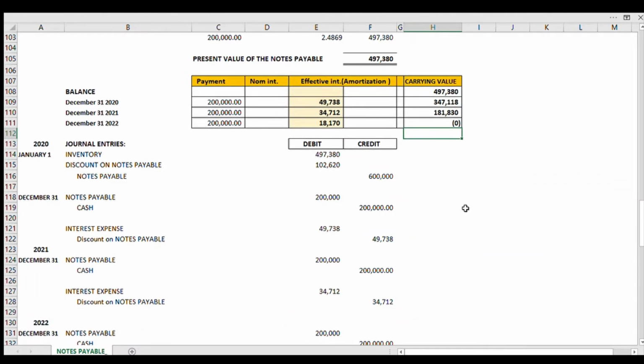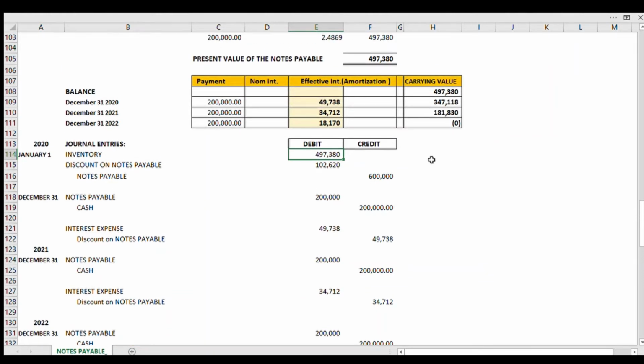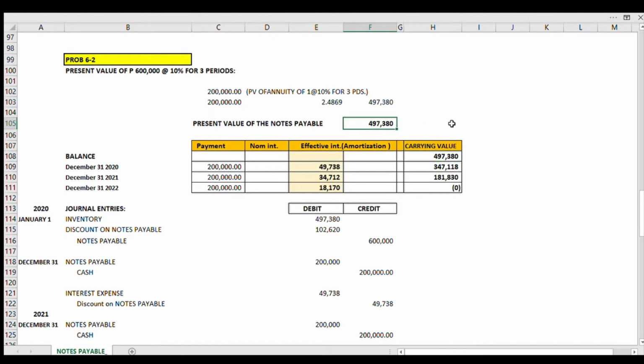So let's go to the journal entries. On January 1st, the journal entry is going to be debit inventory 497,380. That is the cash price of the inventory. It also agrees to the present value, the carrying value of the notes as of January 1, 497,380, based on the present value factor of 2.4869.